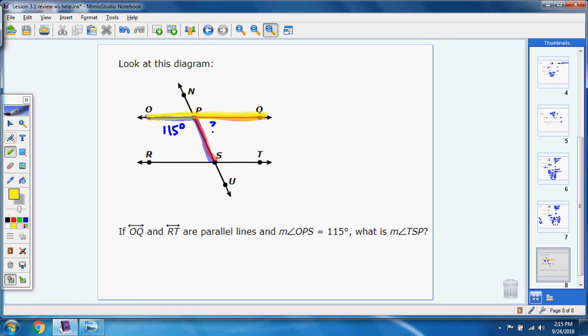And do you remember what the angle measurement is of a full line? A full line is 180 degrees, and that is called supplementary.